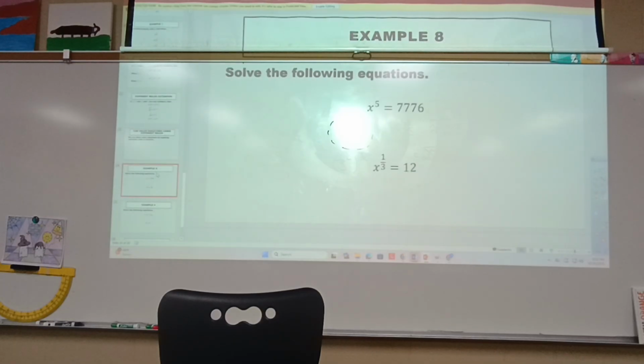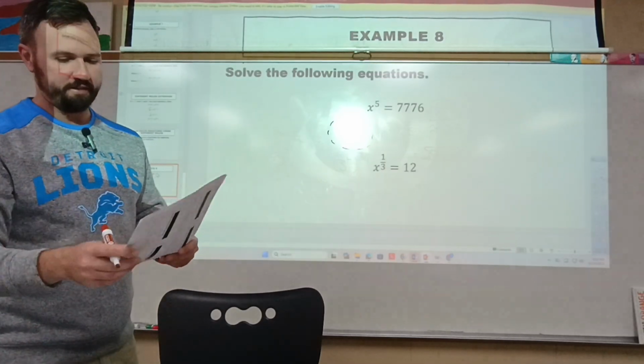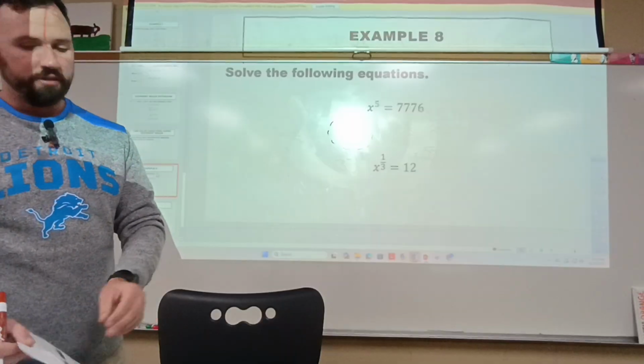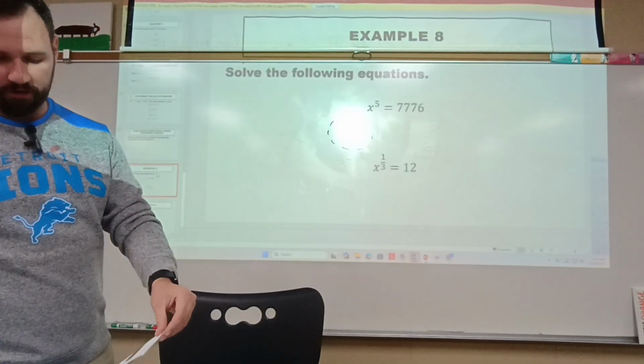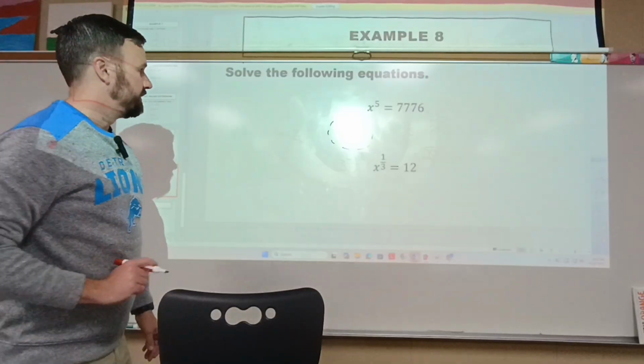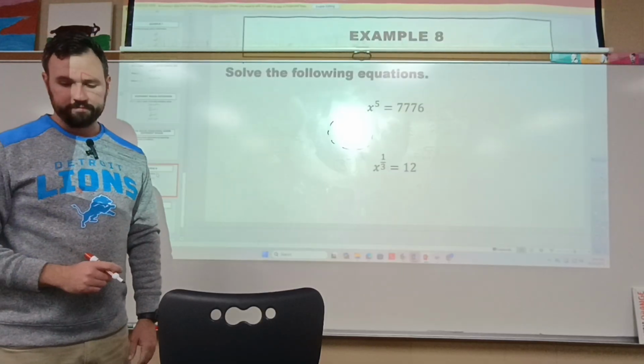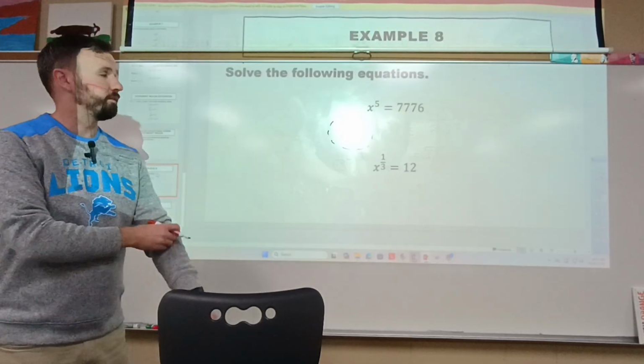So now that we know our exponent rules, we can actually solve problems with exponents. So we need to get rid of that 5, right? We need to get x by itself. How do I get rid of 5?